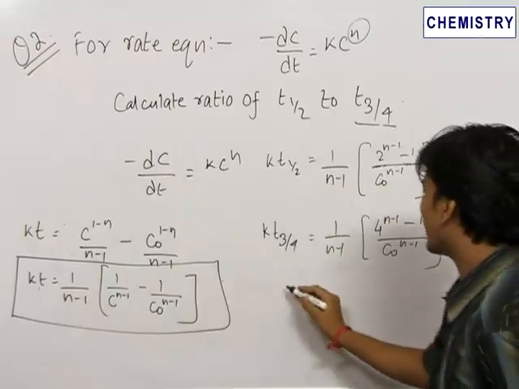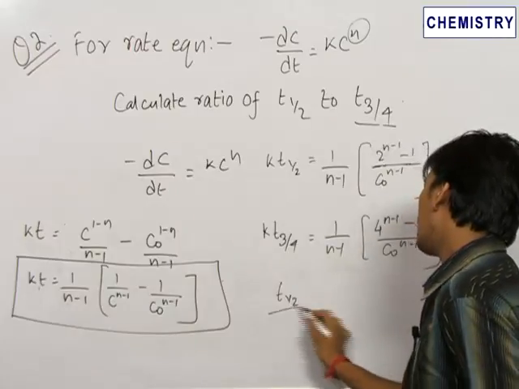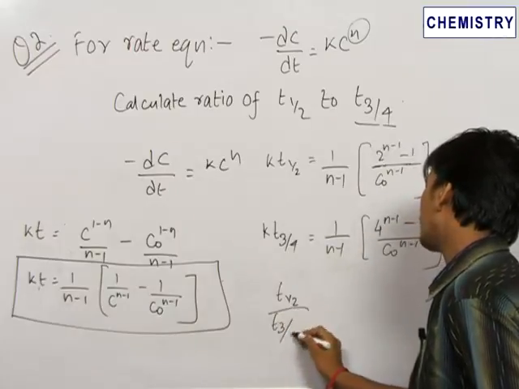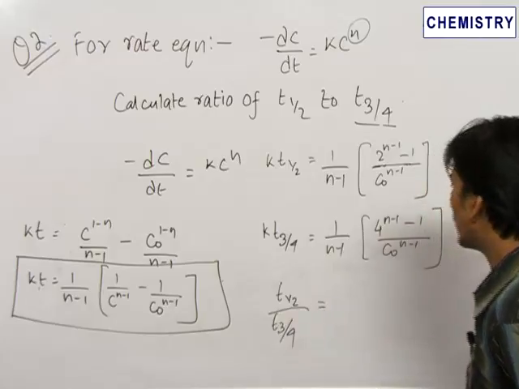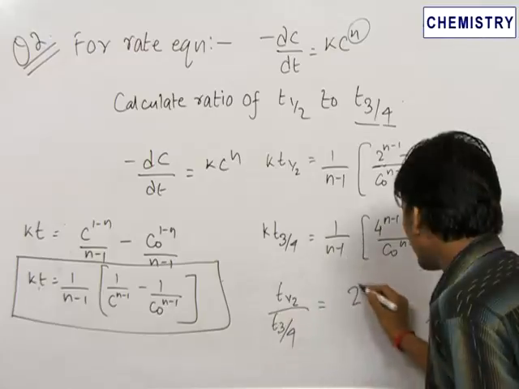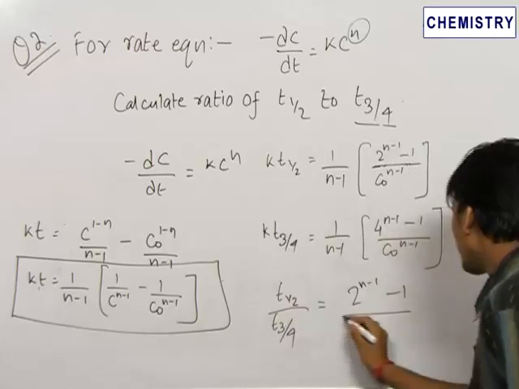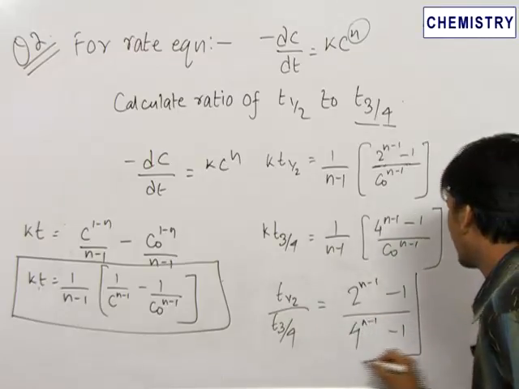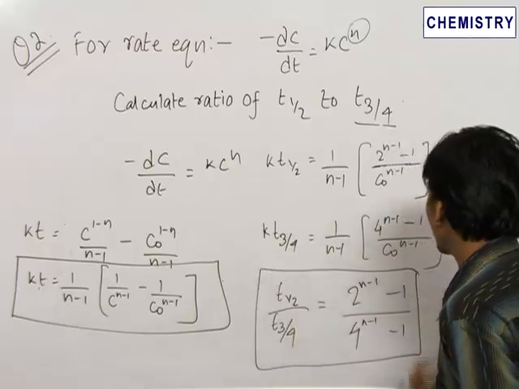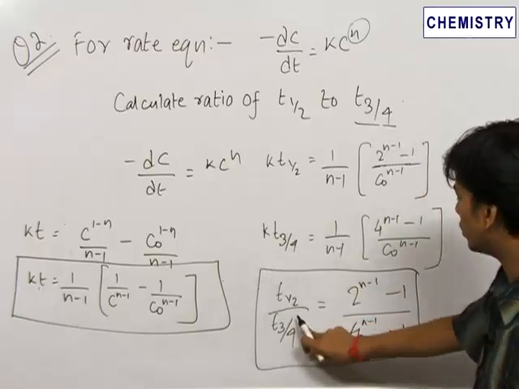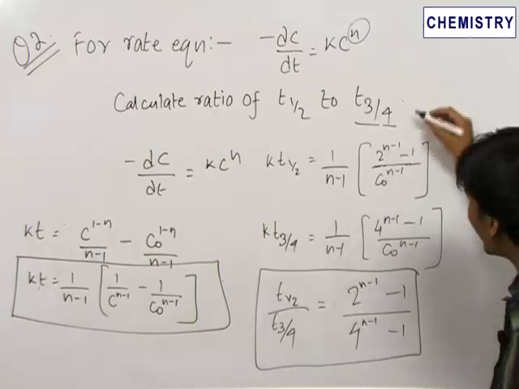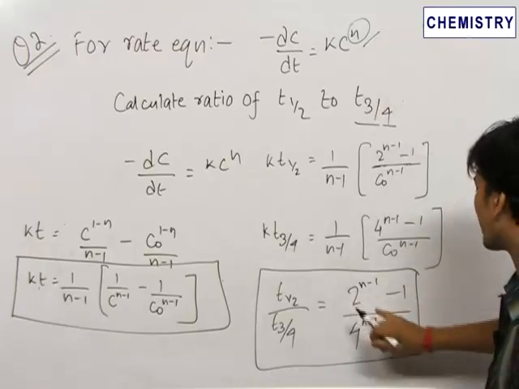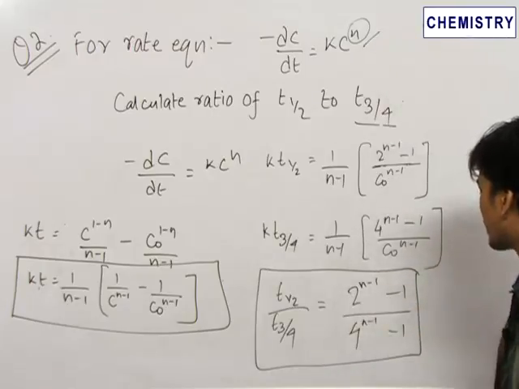On dividing these two, we get t half upon t 3/4 equal to 2 raised to n minus 1, minus 1, upon 4 raised to n minus 1, minus 1. So the final answer for the ratio of t half to t 3/4 for any nth order reaction comes out to be 2 raised to n minus 1 minus 1 upon 4 raised to n minus 1 minus 1.